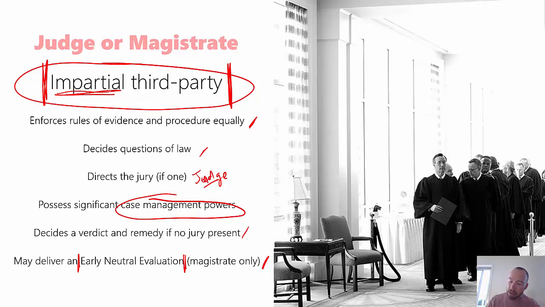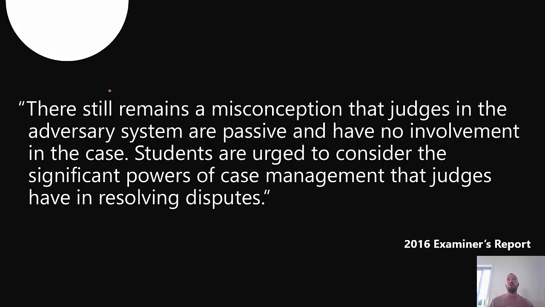And what examiners said was coming through in answers more often than not is that because we kept saying impartial third party, people were putting in answers that judges were passive, that they had no involvement in the case, that judges were just letting parties do what they want and then trying to figure out a decision at the end, as opposed to understanding that judges do have significant powers of case management. So judges have a really active role in resolving civil disputes, as opposed to just sitting back and letting the dispute come to them.